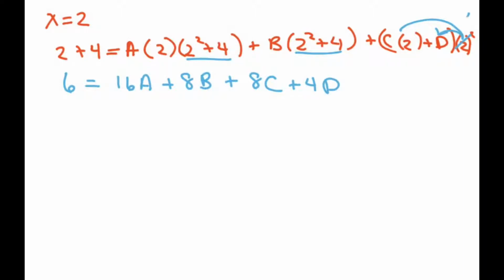Now, again, my B is 1, so that's just going to be 8. Subtract the 8, and you get negative 2.